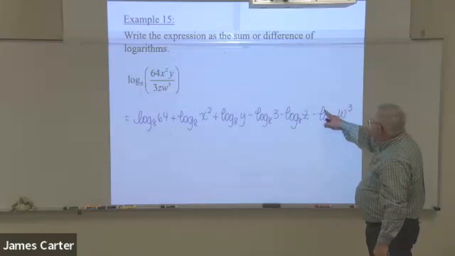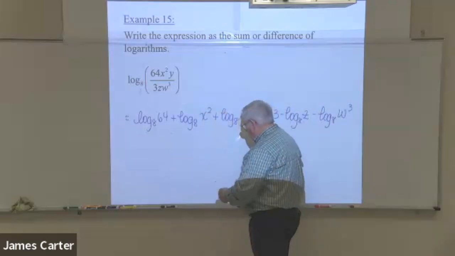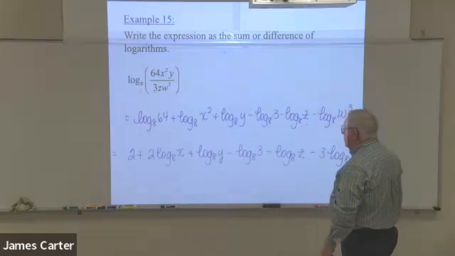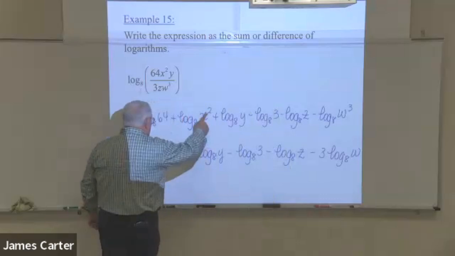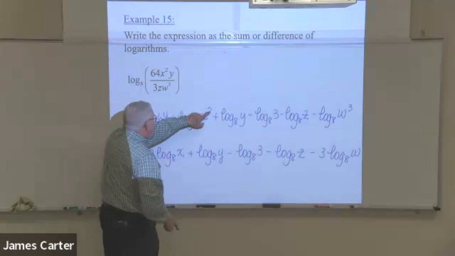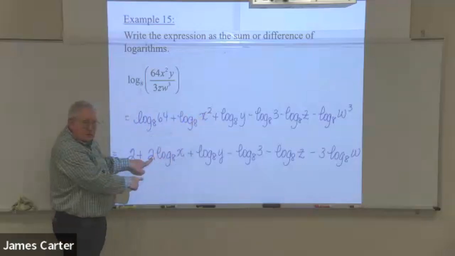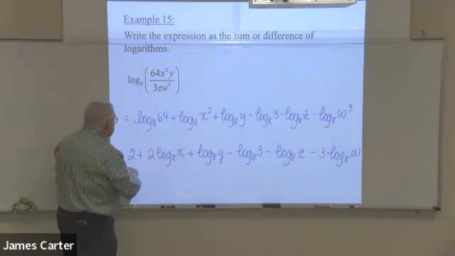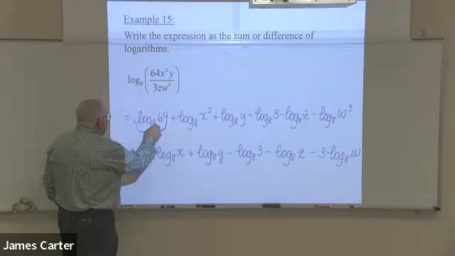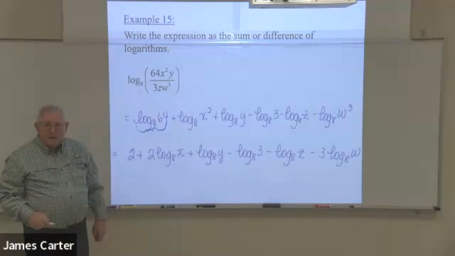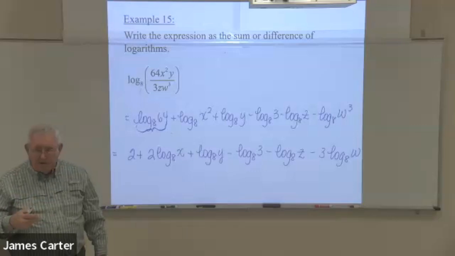Now, I've got to bring all these powers forward, this power and this power. So I'm going to do that. Now, they did two things at the same time. Not only did they bring this 2 forward right here, but at the same time, they took this step. 8 is the second power of 64. 64 is the second power of 8.